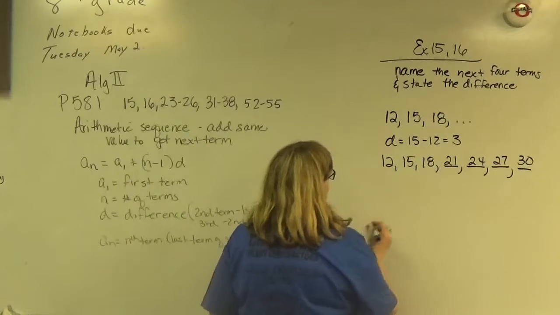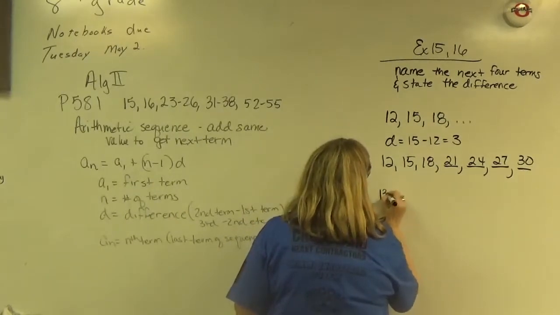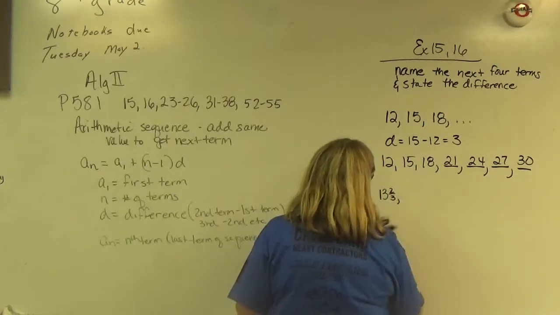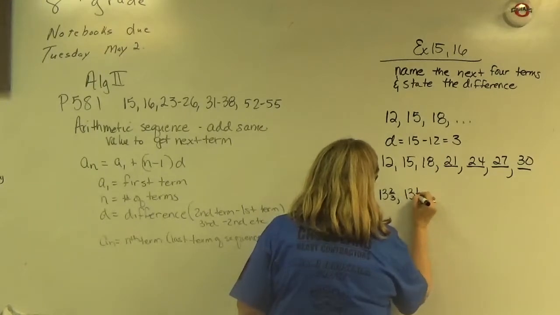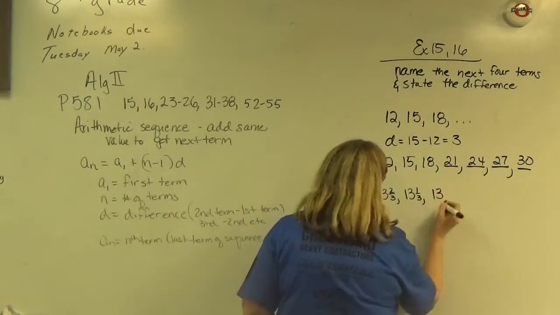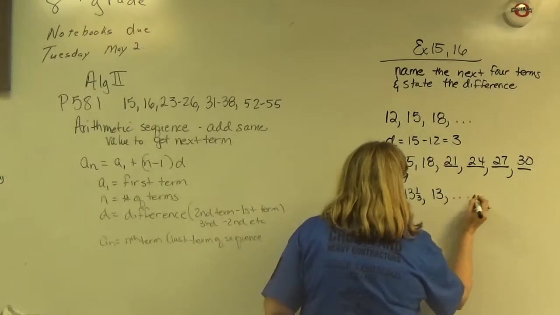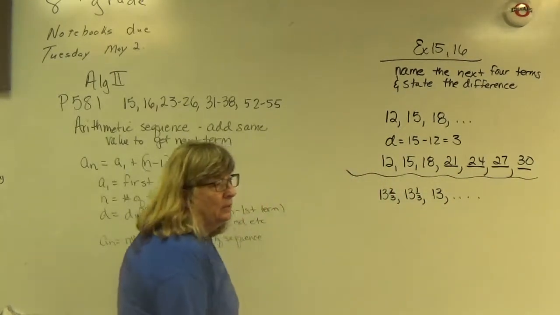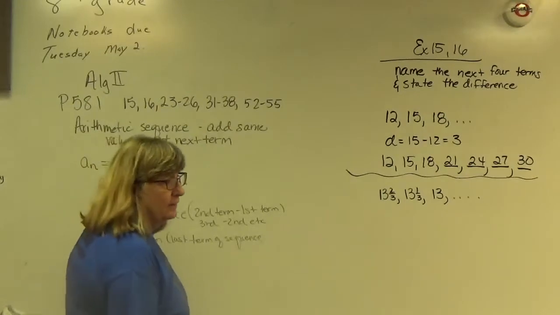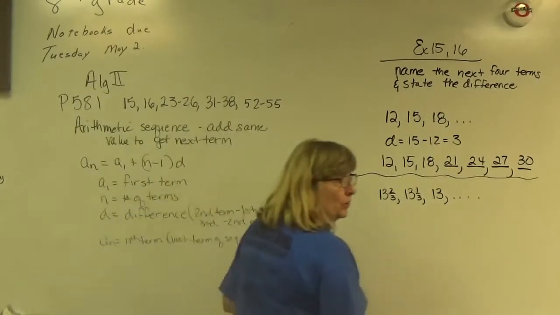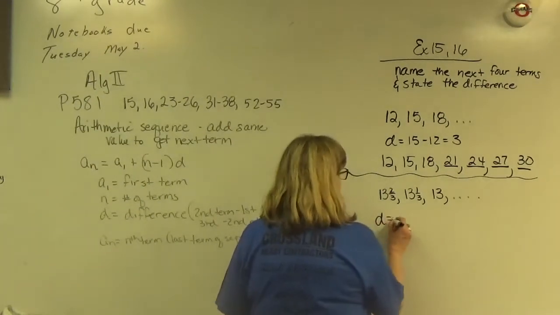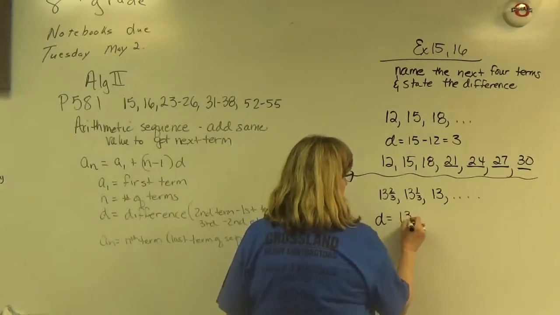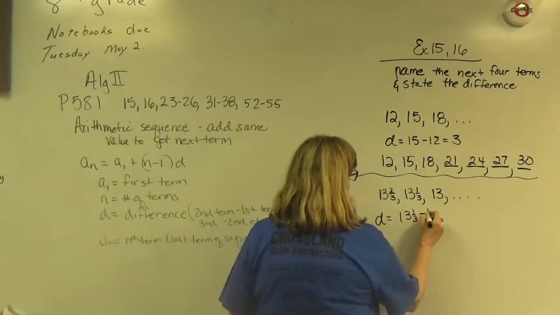Okay, now, let's say we've got another one. How many examples do you say we need to write? Just one's probably all you need. So here's example 2. First thing you got to do is find the difference, because I'm giving you a point for that difference. So the difference is found by taking the second term, subtract the first term.